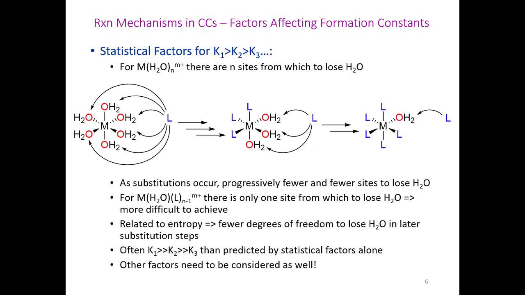We're assuming in most of these cases that the enthalpic difference is small in comparison to the other factors we'll be looking at. But in reality, what you really need to do is take all the factors we're going to discuss as well as the differences in bond strengths together in order to look at whether a reaction will proceed or not, or why certain stepwise formation constants are larger than others.